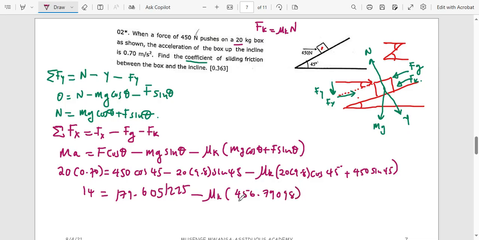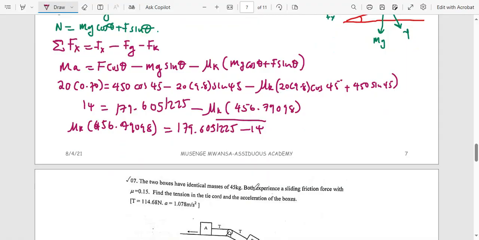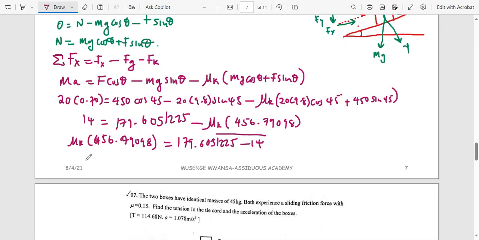What I'll do at this point is take this to the other side of the equation. So that gives me mu k times 456.79098, and that would be equal to 179.6051225. I'll take 14 the other side, so minus 14. So what I'll simply do here is make mu k the subject of the formula, so I'll divide both sides by 456.790.